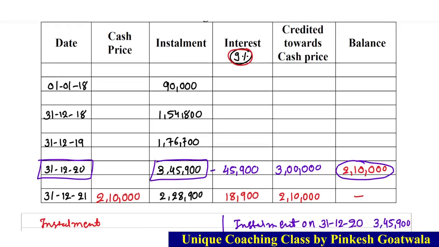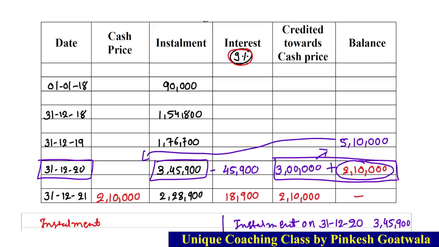We total 3 lakh and 2,10,000, so here you will get 5,10,000. Now this balance will transfer to the next year. So here we have completed the second year.